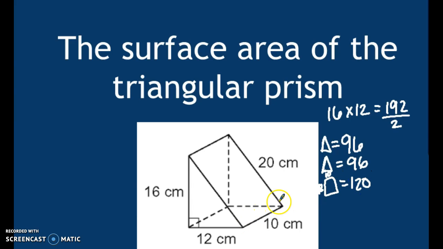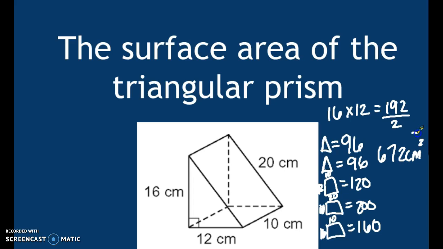The side is 10 times 20, which is 200. And the side is 16 times 10, which is 160. So 96 plus 96 plus 120 plus 200 plus 160 is 672 square centimeters.